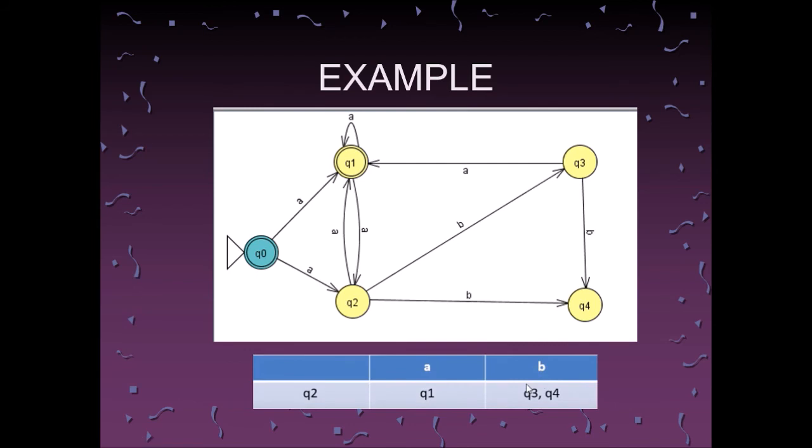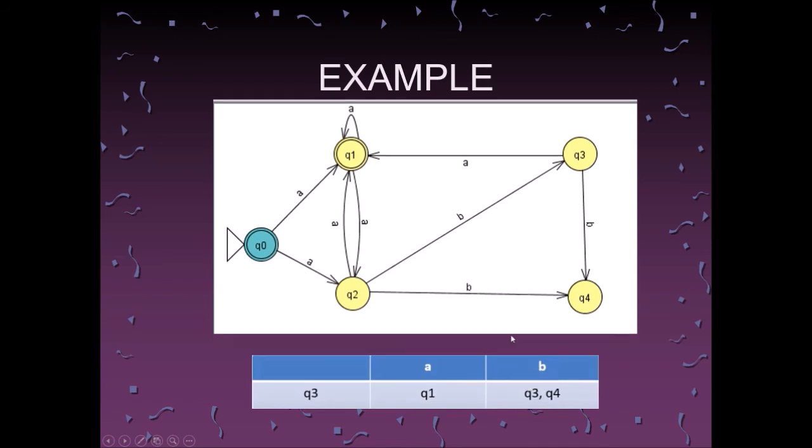We continue, and then we go to Q2, that is here, and check that with A it goes to Q1, and with B it goes to Q3, that is here, and Q4. We write it in the table like that. After, we go to Q3, that is here, and check that with A we go to Q1, and with B we go to Q3 and Q4.